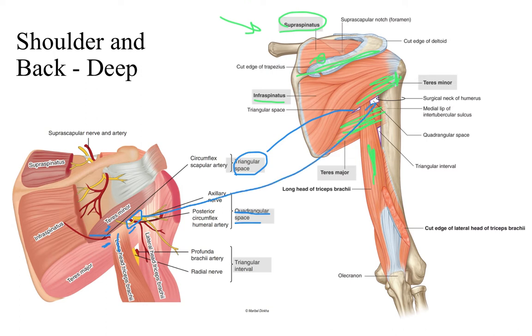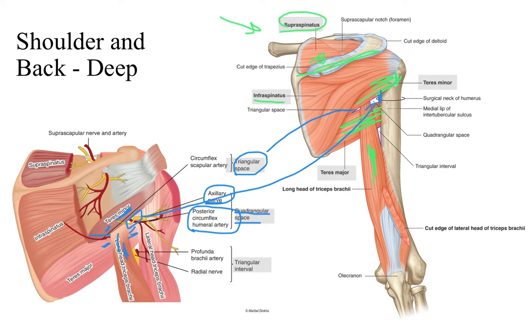And what is going through that is your axillary nerve and your posterior circumflex humeral artery, with the boundaries being the teres major, teres minor, the triceps brachii, long head, and the surgical neck of the humerus, which you can actually see better up in this picture to the right.